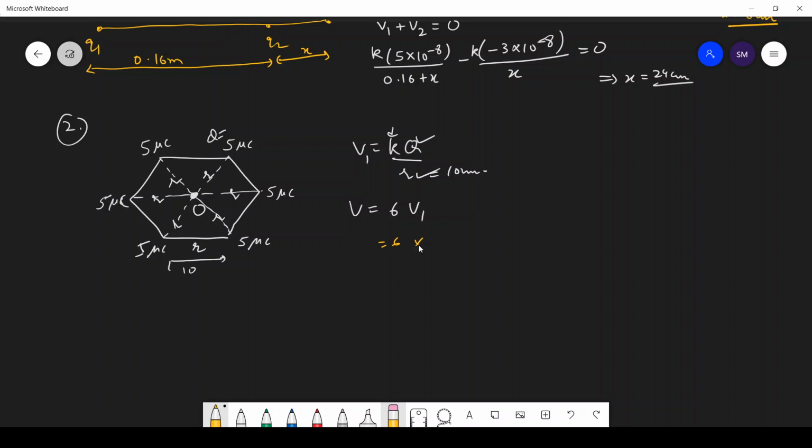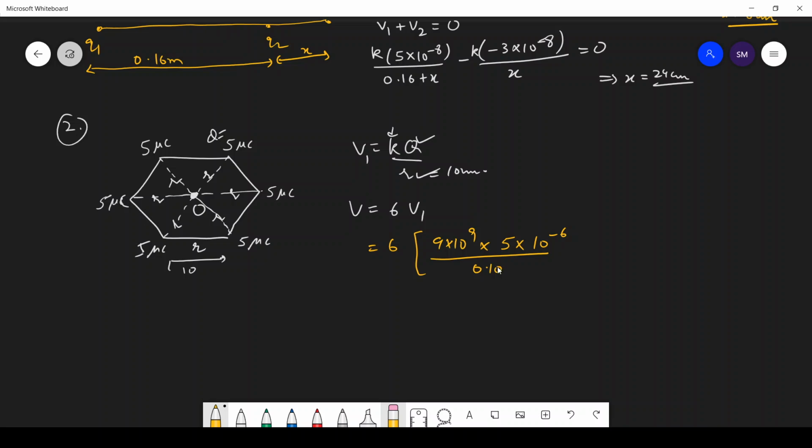So that's equal to 6 into K, which is 9 into 10 raised to power 9, into the charge, which is 5 into 10 raised to power minus 6 coulomb, divided by the distance, that is 10 centimeters.